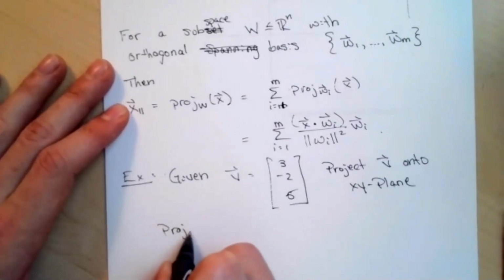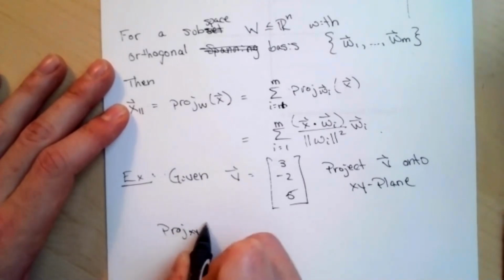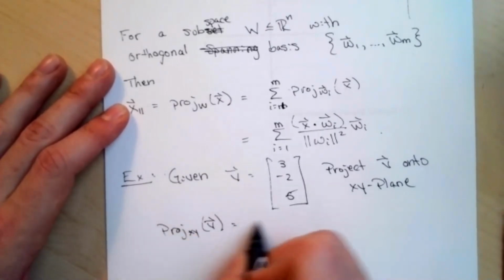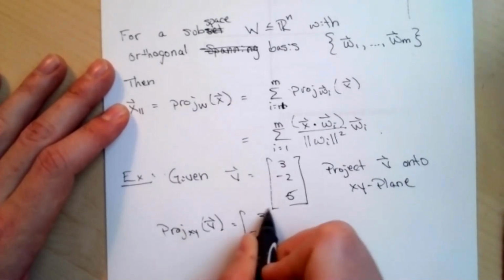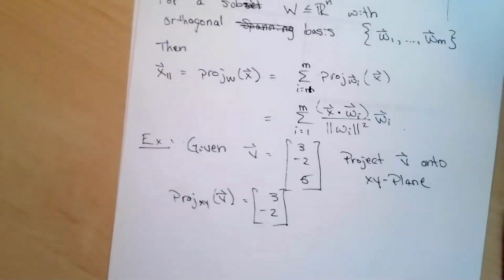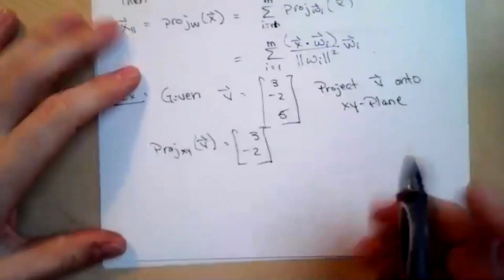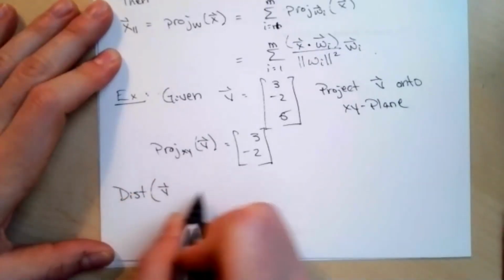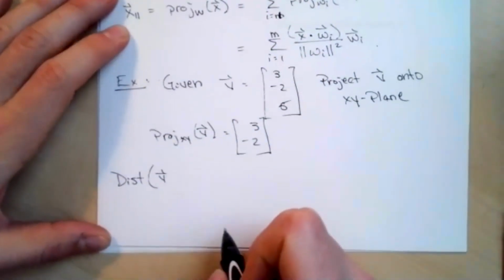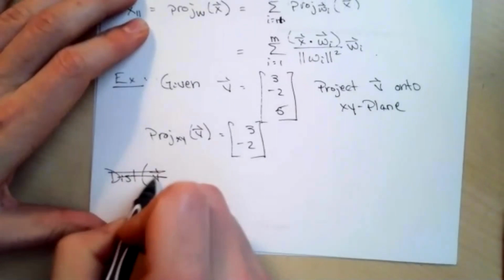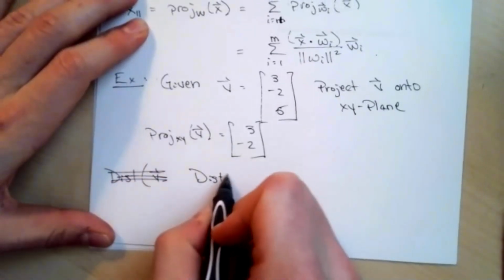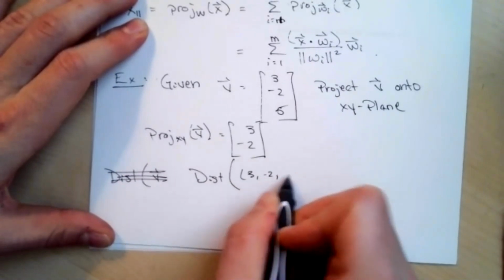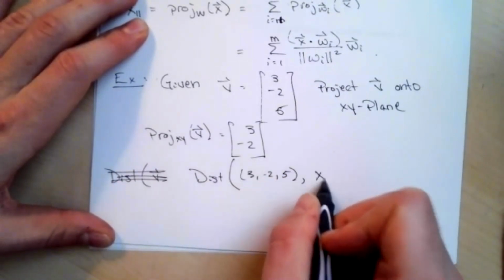The projection of v onto xy is just going to be 3, minus 2. Moreover, if we want the distance between v, or the point represented by v, maybe we should write it more formally as the distance between the point (3, -2, 5) and the xy plane.